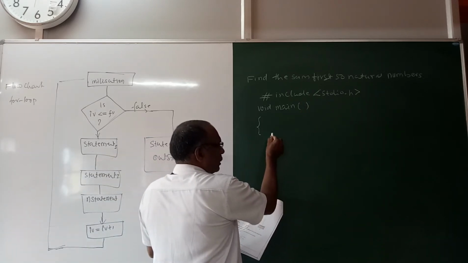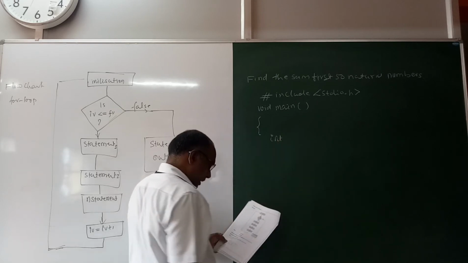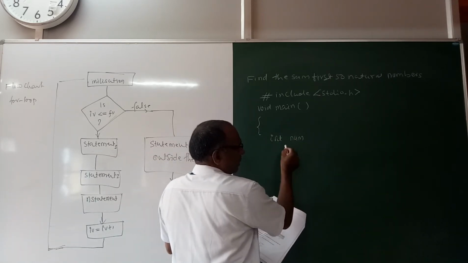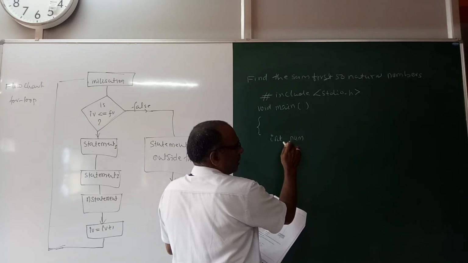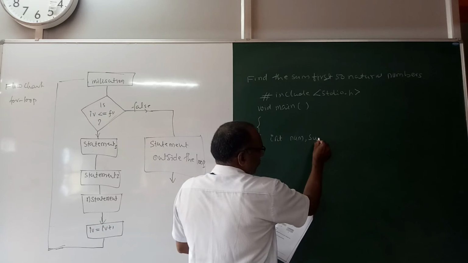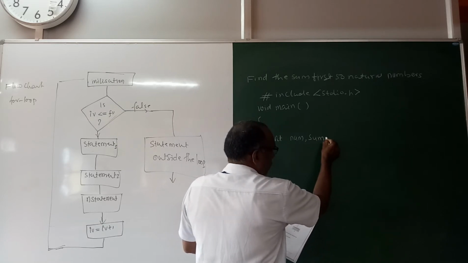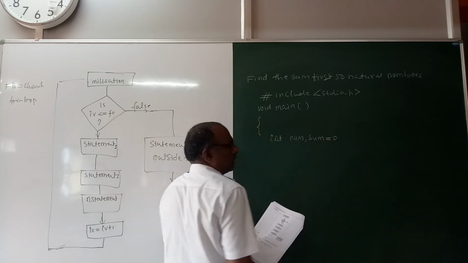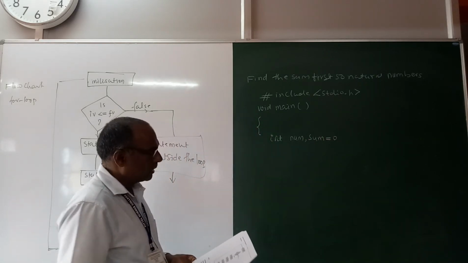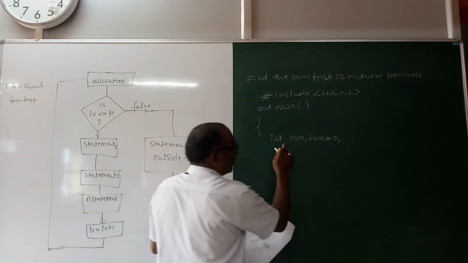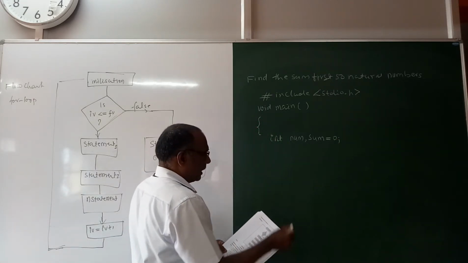This is the declaration part: integer variable number, and integer variable sum, which is initially 0, assigned using the assignment operator.